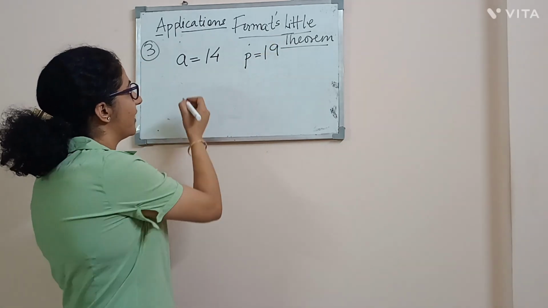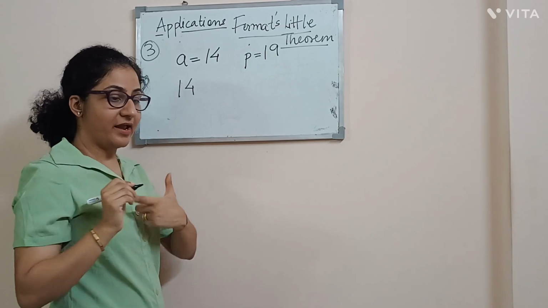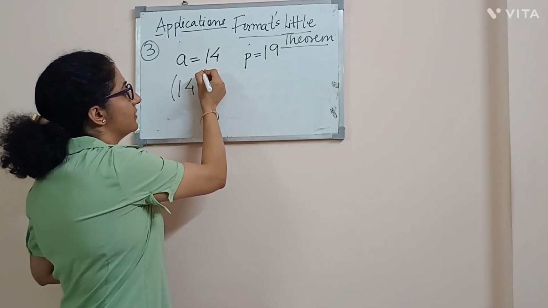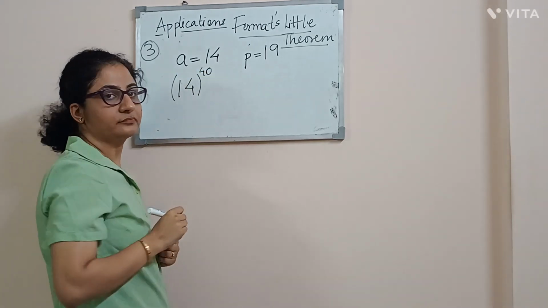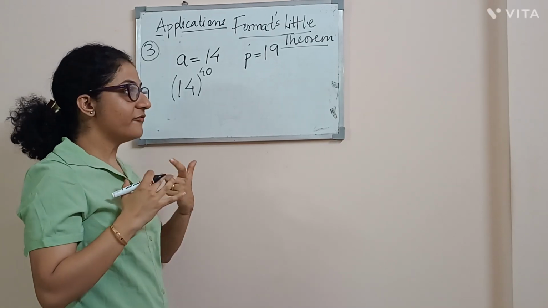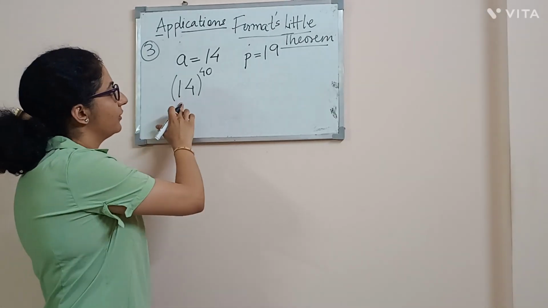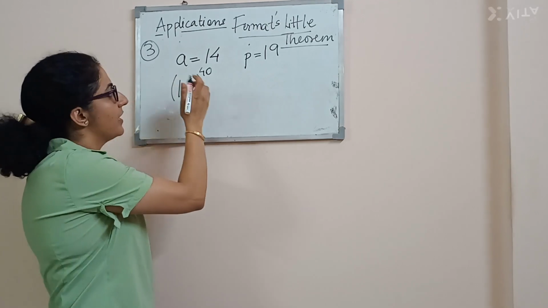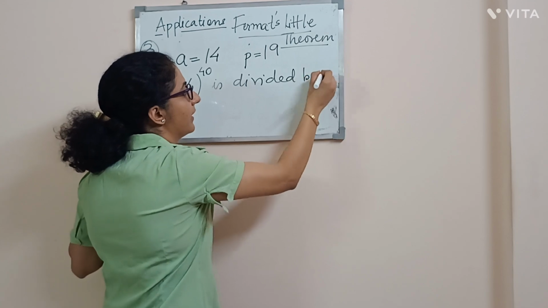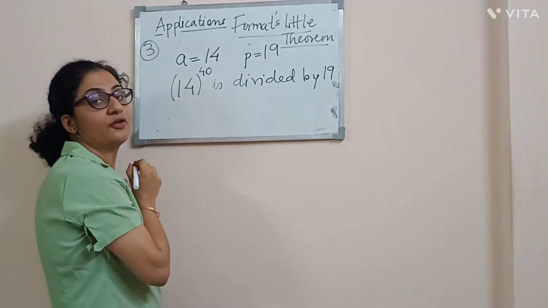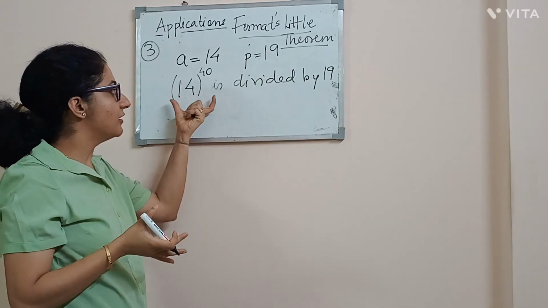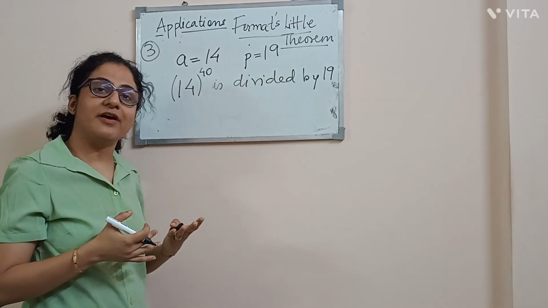So if I ask you to find 14 raised to power 40, if you have to go through 14 raised to power 40, this number is divided by 19. So I'm asking you to find the remainder of this. Right? Obviously, if you are dividing it by 19, then you would get some remainder. I am asking you to find the remainder.